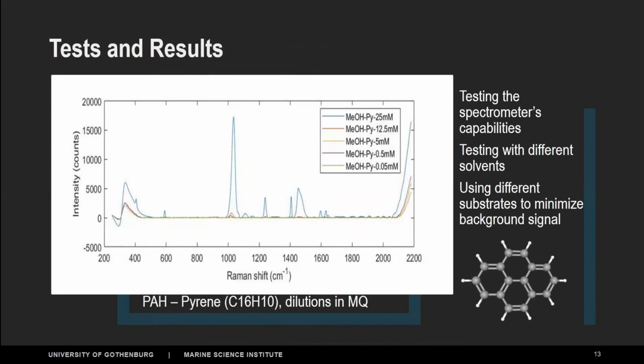Results. We first try to get the best of the spectrometer without enhancing any signal. And you see some concentrations there. We tried different concentrations, but you see that we don't see what we want to see. We want to go down to microgram or even nanogram per liter. What you see there is in the milligram per liter.